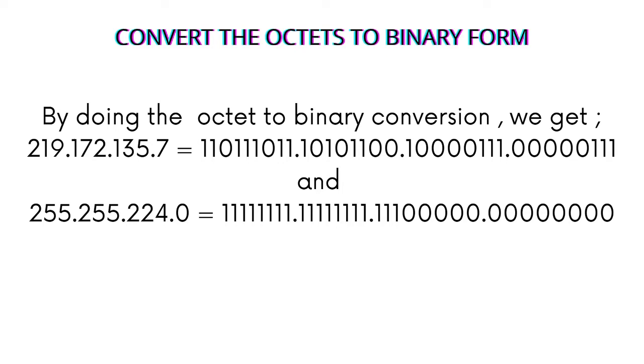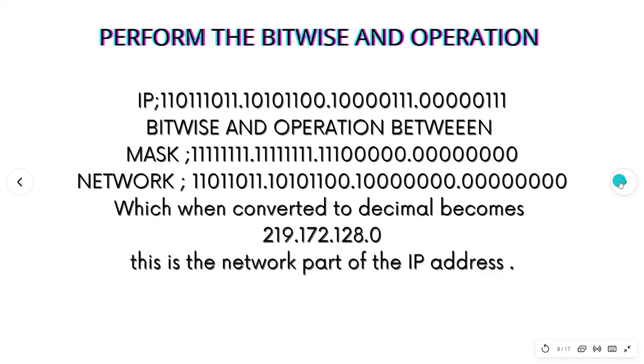So the next step is to perform the bitwise AND operation between the resultant binary form of both IP and the mask. Thus we get the network part in the binary form, which we then convert to decimal form, thereby getting 219.172.128.0 as the network part of the address.